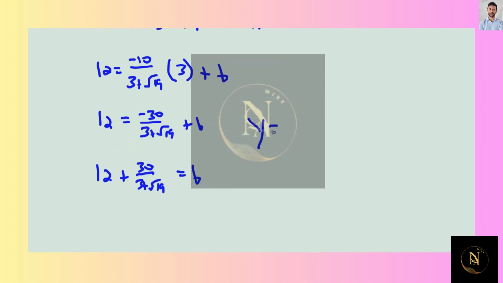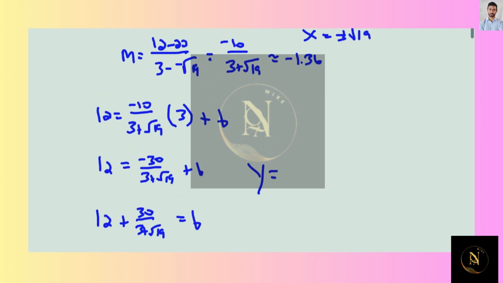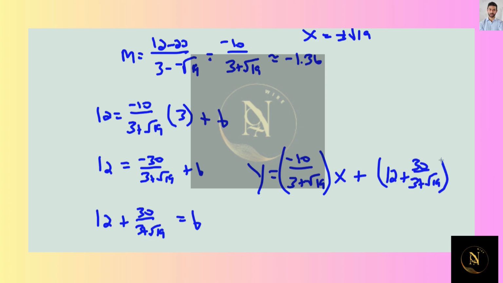So y equals the slope, negative 10 over 3 plus square root 19, x plus b, which would be 12 plus 30 over 3 plus square root 19.